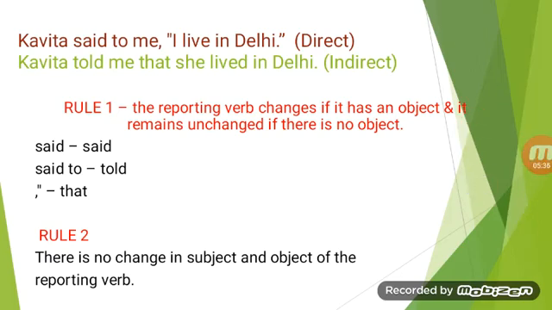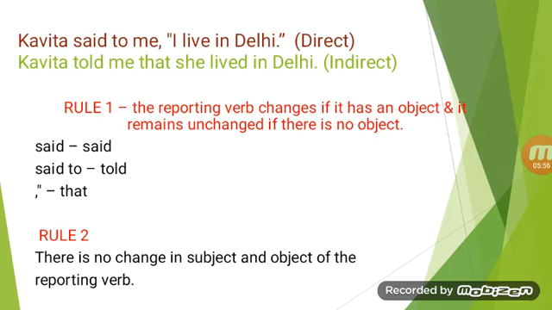Here you can see the reporting verb is said to, and it also has an object, that is me. So that's why we have changed said to to told me. But if there would be no object, then there would be no change.